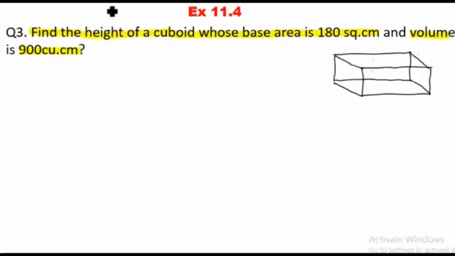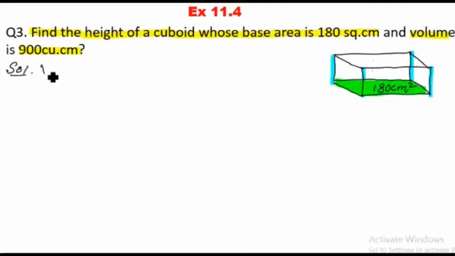Now here we are going to find the height of this cuboid. If this base area is given as 180 centimeter square, so we are going to find the height.